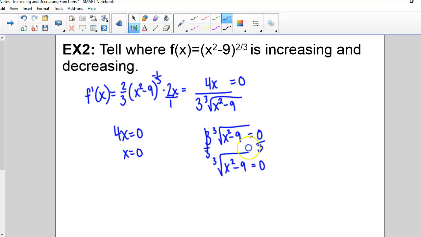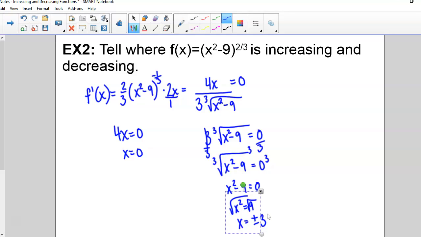We would raise this to the third power to get rid of the cube root, which gives us x squared minus 9 equals 0. So x squared equals 9, and we'll square root both sides. So x equals, make sure you put a plus or minus 3. It could be positive or negative 3. So our critical points for this graph are negative 3, 0, and positive 3.